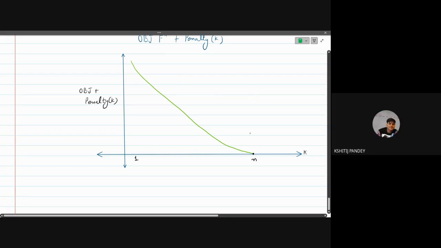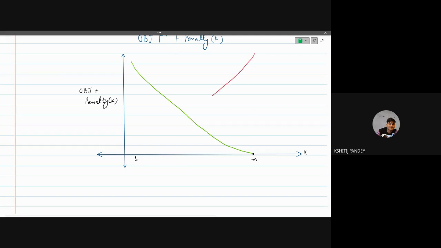So the function for penalty will be somewhat like this.